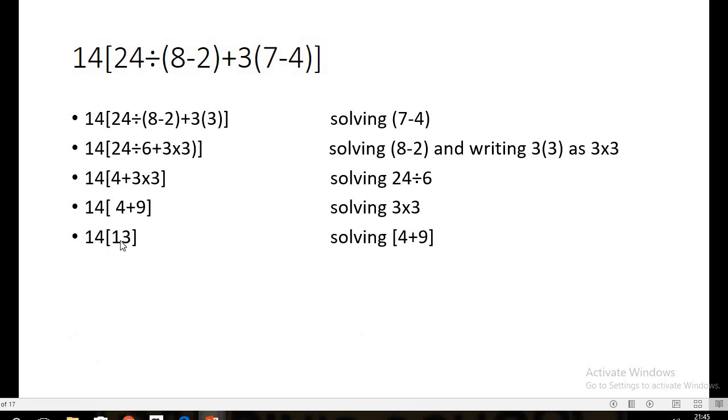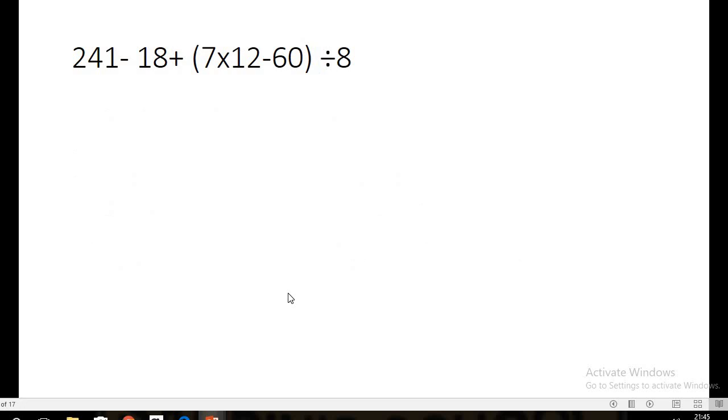Now 14 bracket 13 will be changed into the format 14 into 13, because as we have done earlier, 3 bracket 3 was changed to 3 into 3. So here 14 bracket 13 will be changed to 14 multiplied by 13, which is 182 as our answer. In the next question, again we have a bracket.